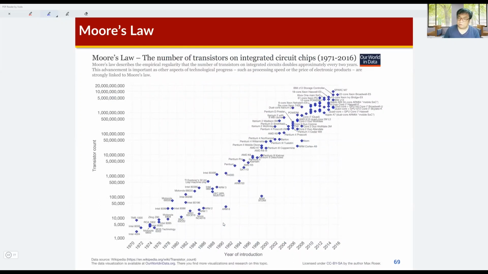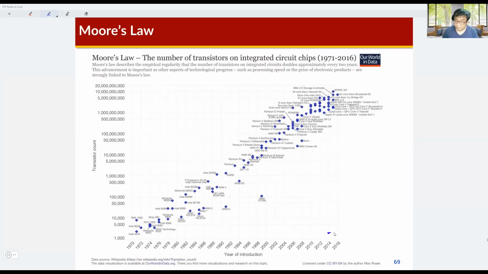So let's see how Moore's law has been maintained over the past decades. In this graph, the y-axis means the transistor count, and as you can see, this is a log scale, and the x-axis is the years.